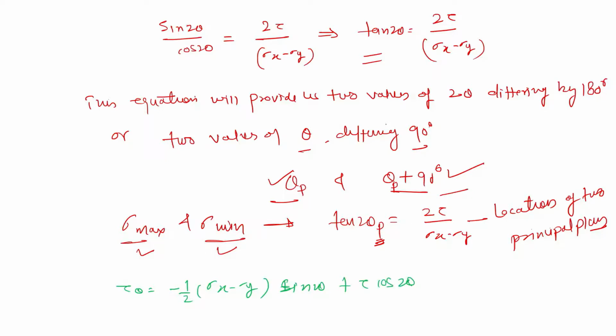If we put this equation equal to 0 directly, then also we have tan 2 theta is equal to 2 tau over (sigma x minus sigma y). This means the planes on which sigma is maximum or minimum, on those planes the shear stress is equal to 0.